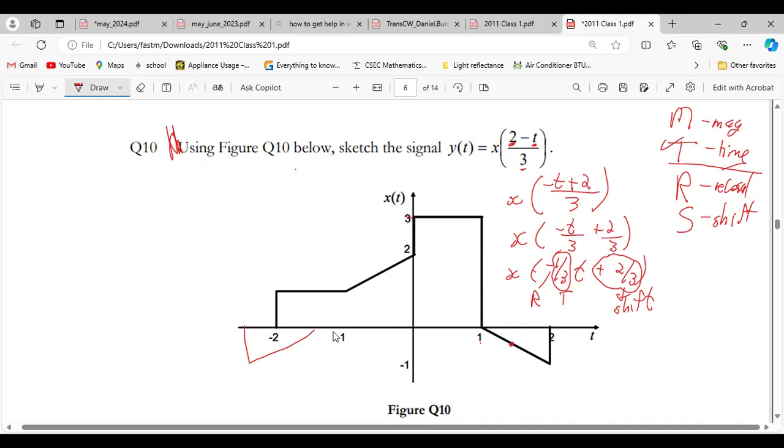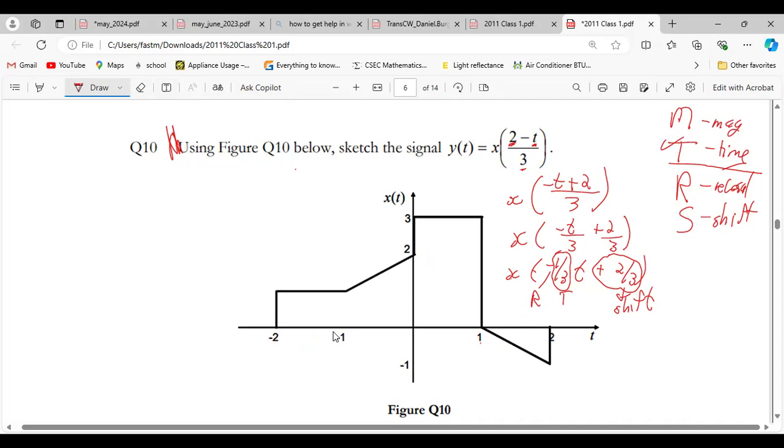So this will come up here, and this will end up being on the next side with the thing going at the bottom. It's kind of like flipping 180 degrees, because that's the reversal, right? And then the last thing we're going to do is the time shift, which is the 2/3.